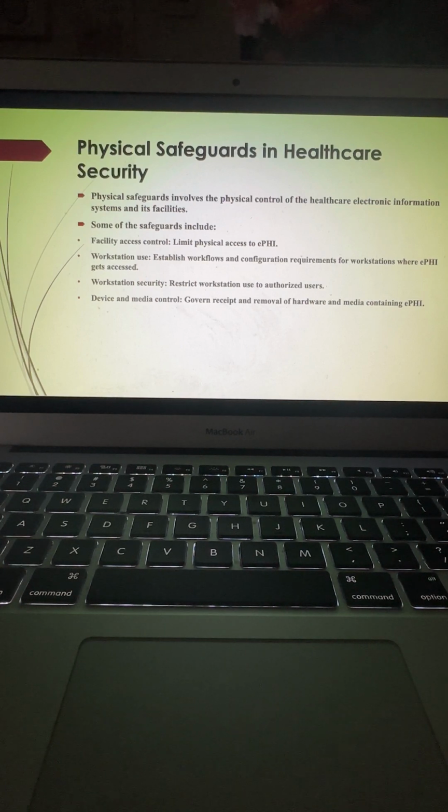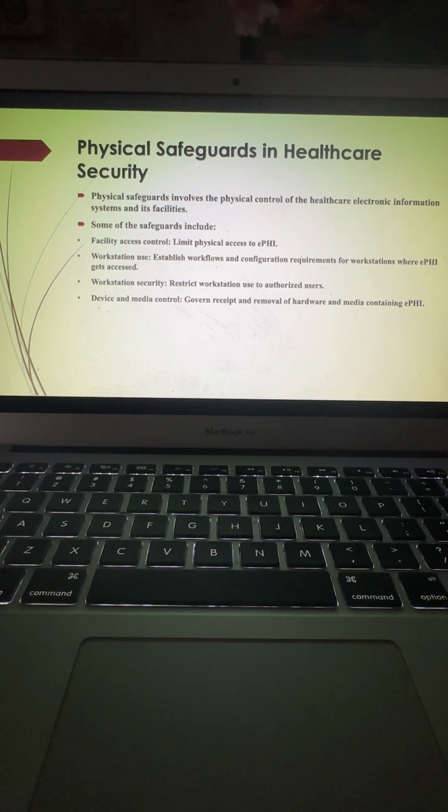And workstation security, restricting workstation use to authorized users, so not allowing everybody to be at the workstation, and having logging sheets for the workstation, working with servers and computers and such. Then that falls under device and media control, which governs the receipt and removal of hardware and media containing ePHI, making sure everything is controlled through access control.